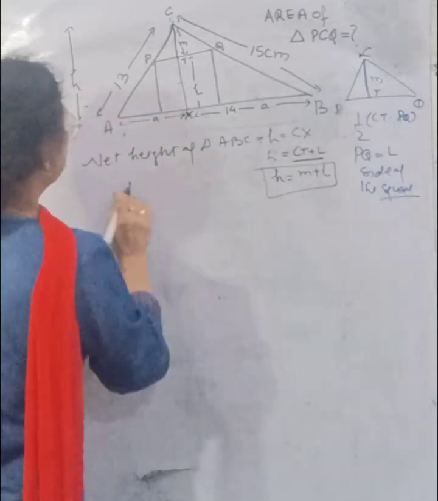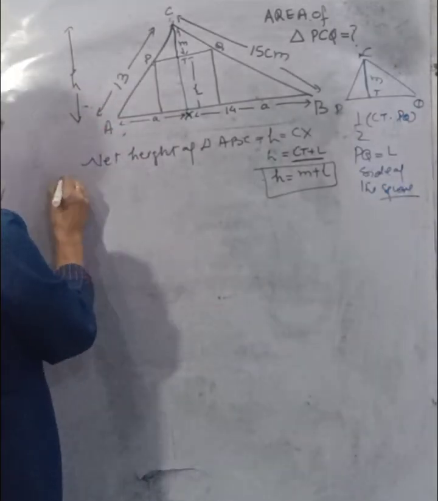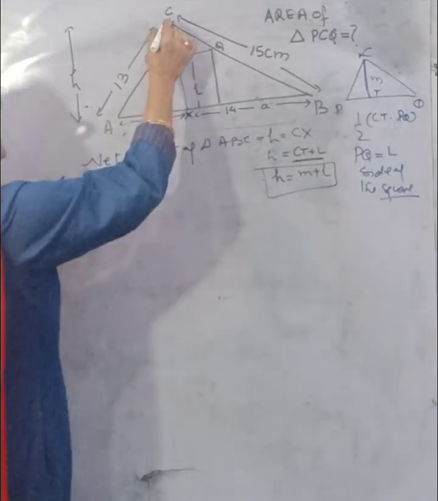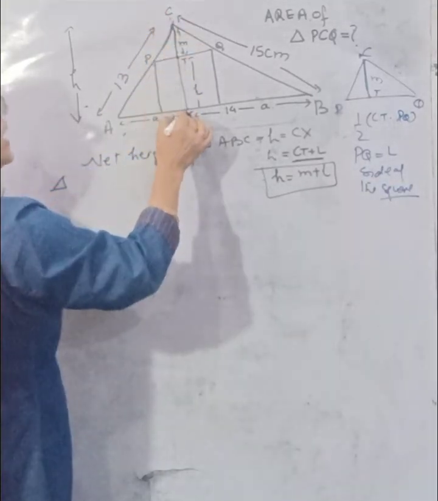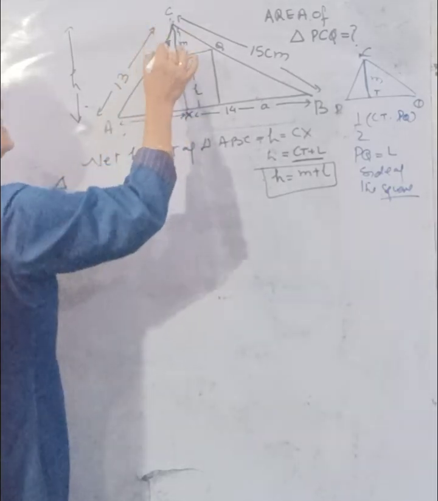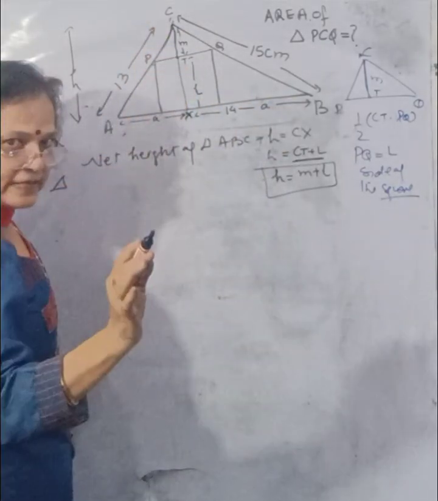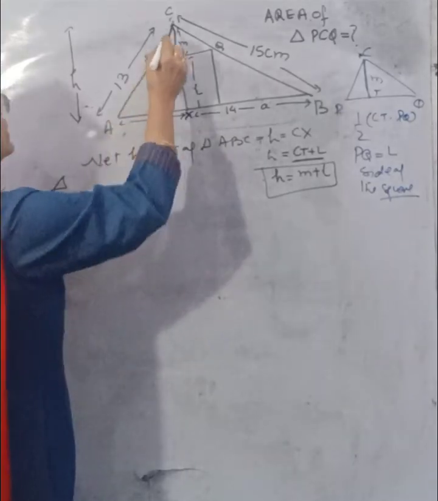Now let us consider two triangles. X is existing in two right angle triangles, CXA and CXB.